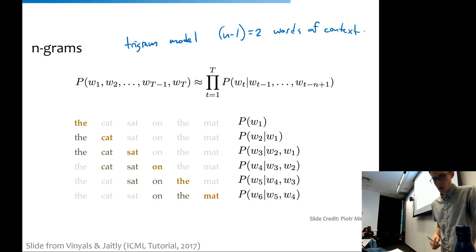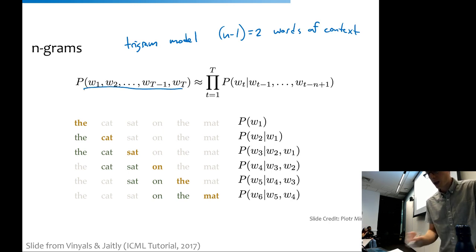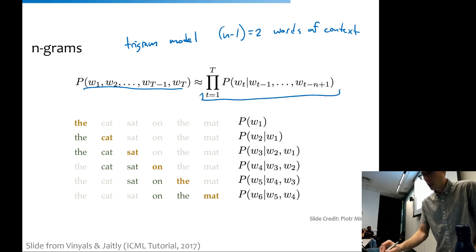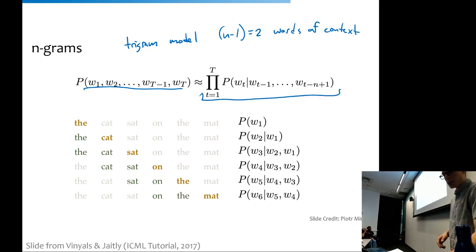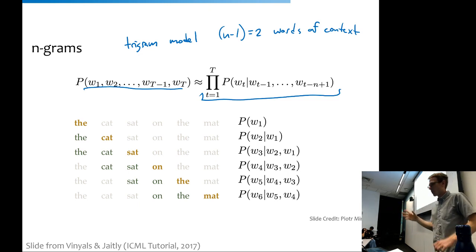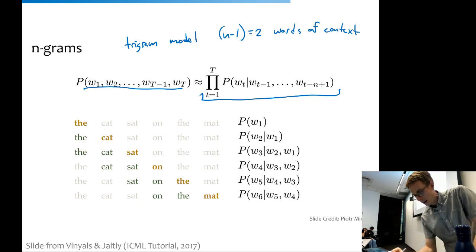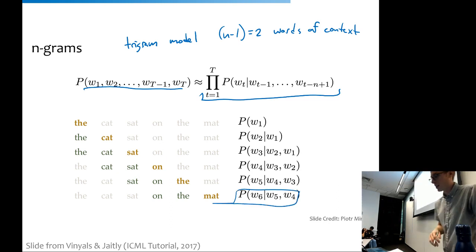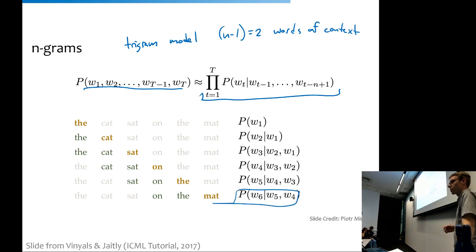Okay. And you can see it has n minus 1, or 2, words of context. And so what we can see then is that the joint distribution of W1 up to WT, we can first decompose using the chain rule, but then we say that the probability of, say, word 6 conditioned on words 5, 4, 3, 2, 1, we're actually going to approximate by just the probability of word 6 given the 2 previous words.